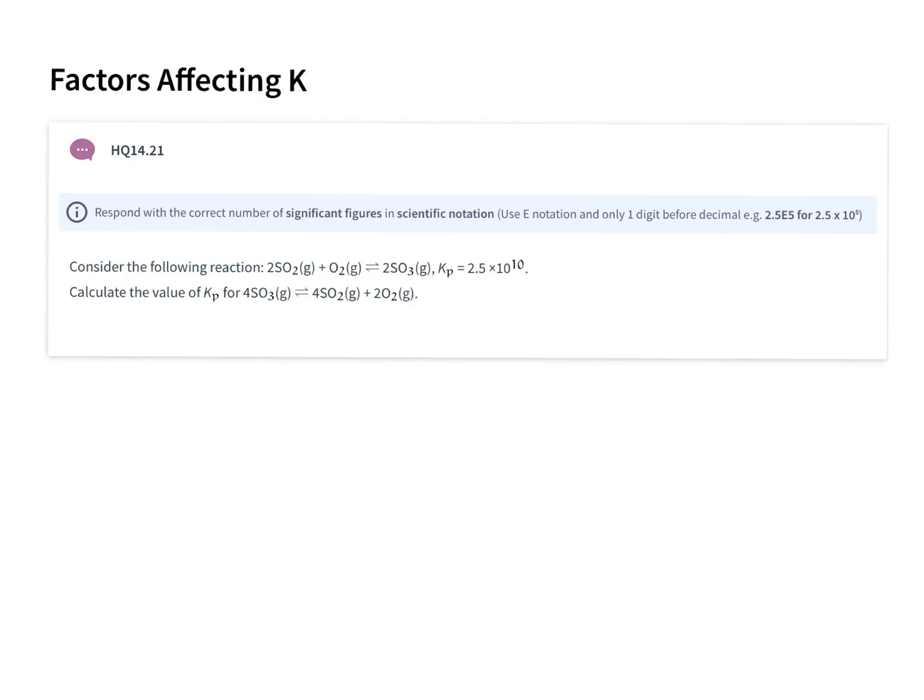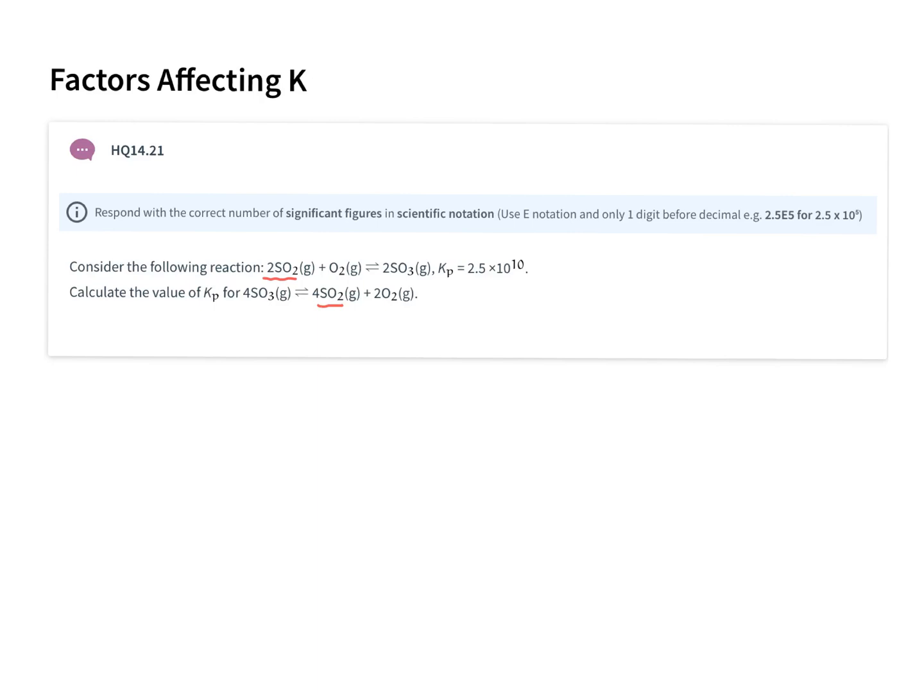So for that, we need to look at how I can rearrange the first equation to give me the second equation, and then based on that, what would I do to the value of Kp? First I would take note that in the reaction we're looking for, sulfur dioxide is a product.